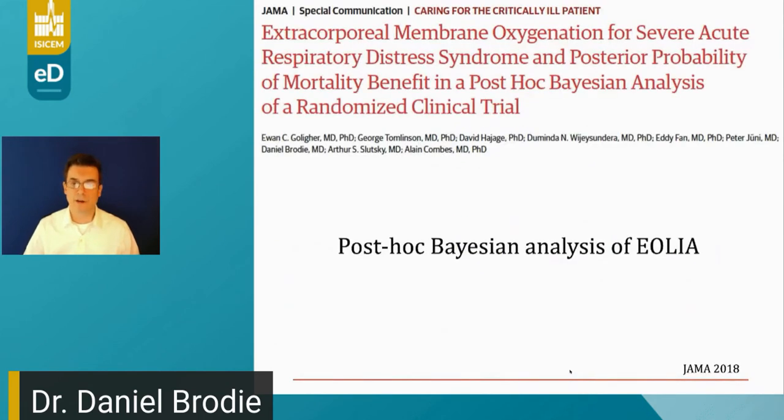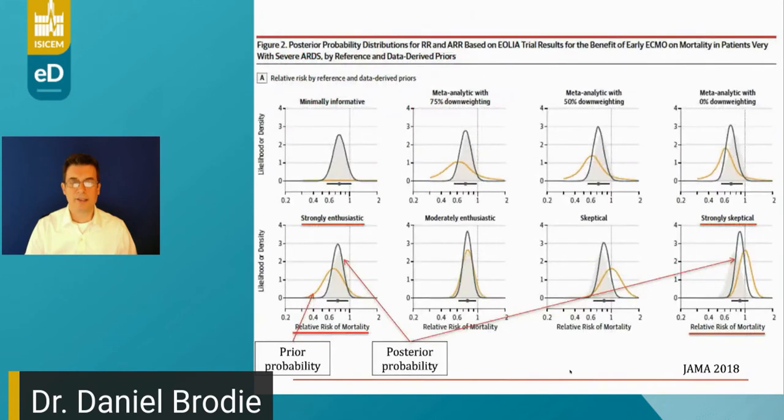And so Ewan Gallagher led us in this trial published in JAMA several months after the Eolia trial, a post hoc Bayesian analysis of Eolia. And essentially, regardless of your prior beliefs and what you thought of the prior data, whether you were all the way on the left, strongly enthusiastic, or somewhere in the middle, or all the way on the right, strongly skeptical, the posterior probability after Eolia of some benefit was actually quite strong.